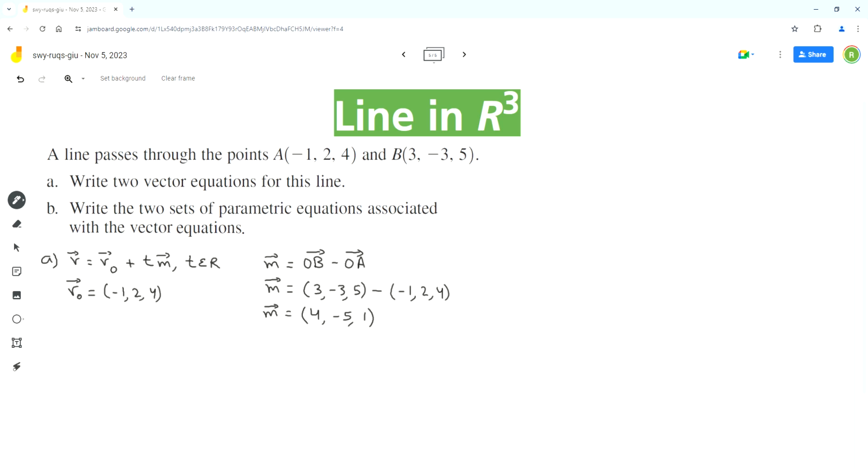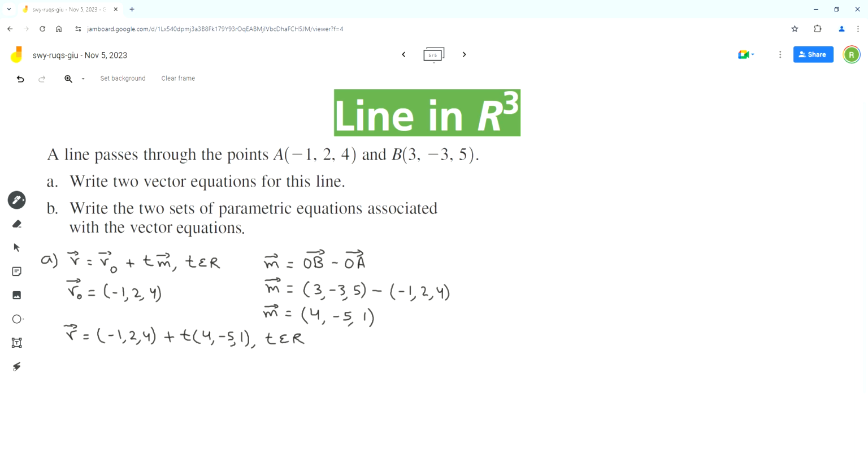Now we can write the vector equation. So this is the first vector equation for the line.